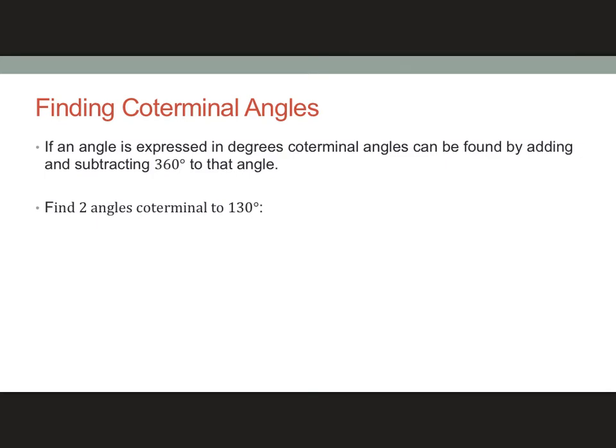So we're going to find two coterminal angles to 130 degrees. We're going to do this by taking 130 degrees and simply adding 360 to it. And that gives you 490 degrees. So 490 degrees and 130 degrees are coterminal.